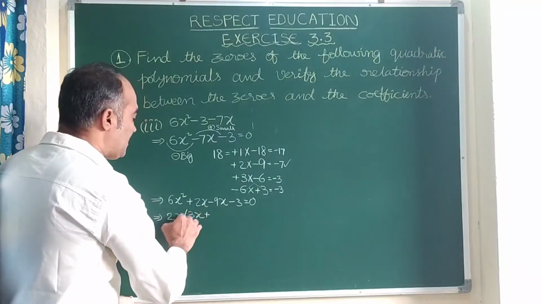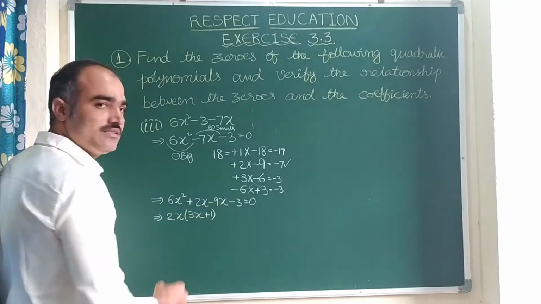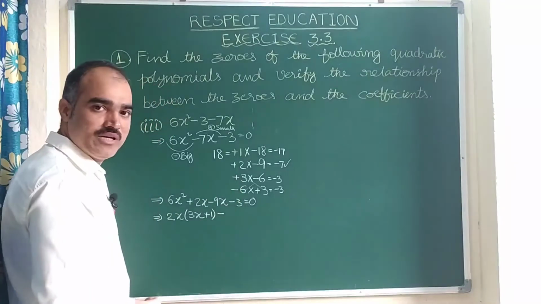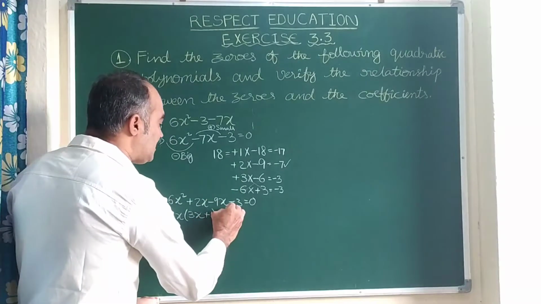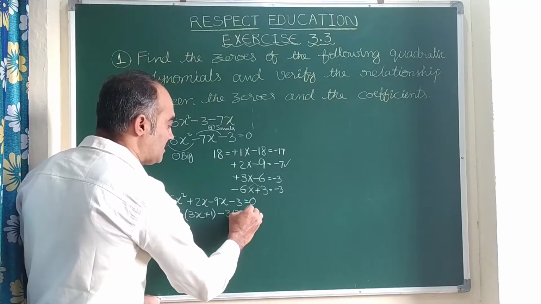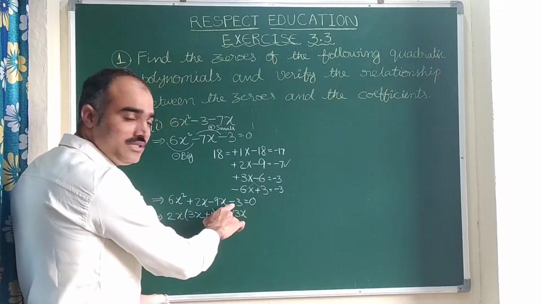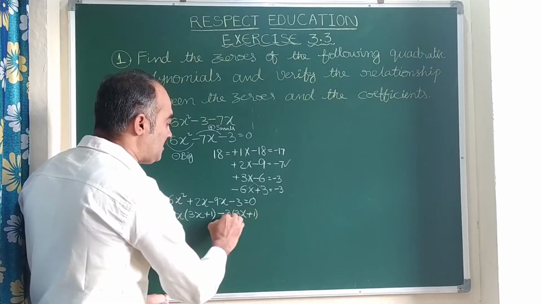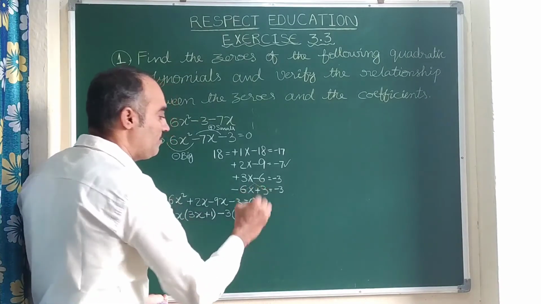Plus 2x, 2x 1s are 2x. Whenever the third place has a minus, we can take minus common. In these two numbers, 3 is common. So here 9x is 3 into x. Here minus becomes plus, because I am taking minus common. So it is 3x plus 3 1s are 3.